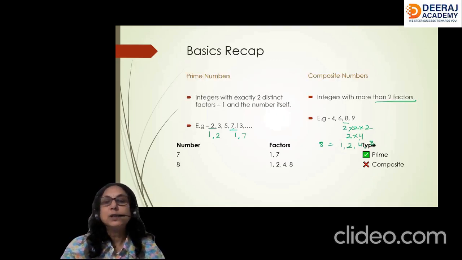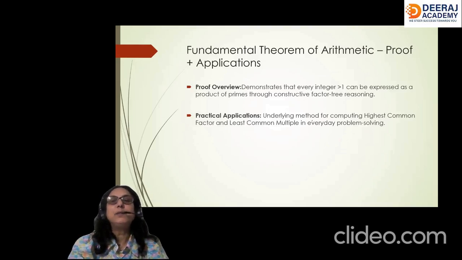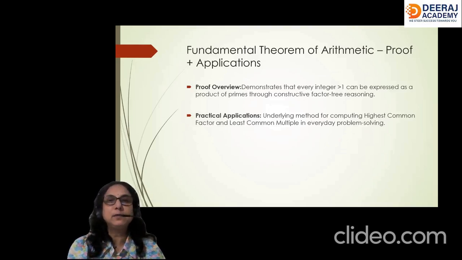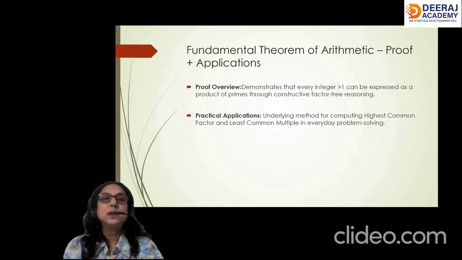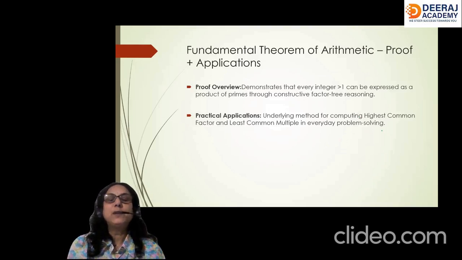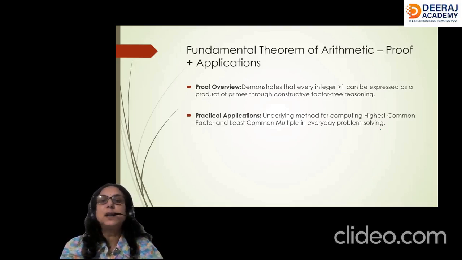So now, the fundamental theorem of arithmetic. Here is the proof overview. The fundamental theorem of arithmetic demonstrates that every integer greater than 1 can be expressed as a product of primes through consecutive factor tree reasoning.